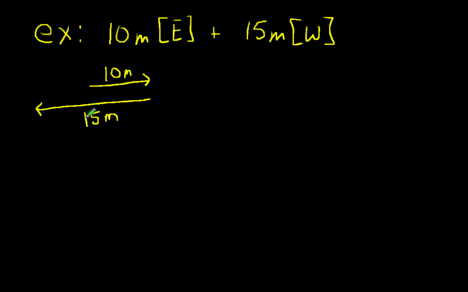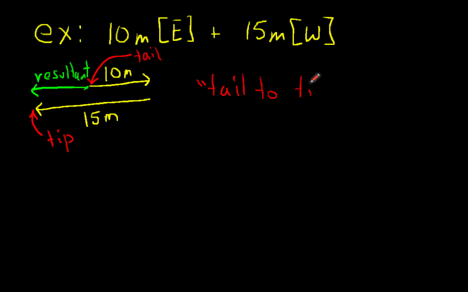The resultant vector travels from the tail of the first vector to the tip of the last. And we can see that this vector is going to be shorter than either of the two vectors because it's made up of a subtracted vector addition.